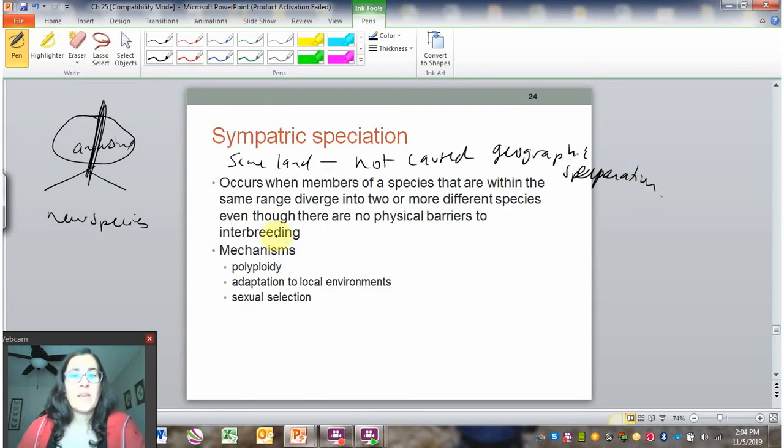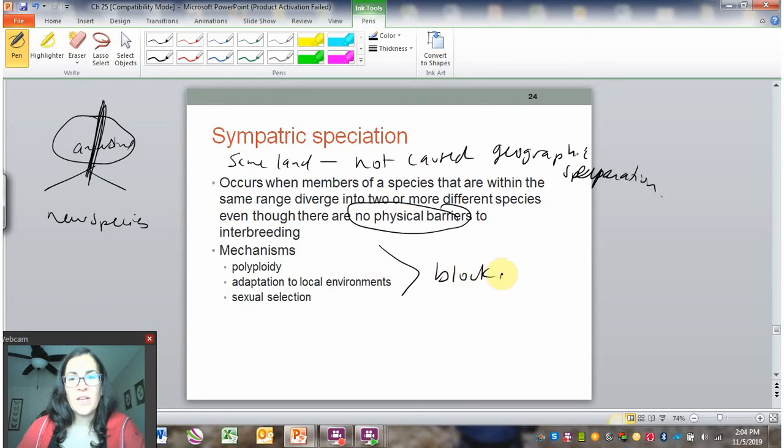So it will lead species to diverge even though there are no physical barriers to interbreeding. So we don't have a mountain range, we don't have an isthmus, we don't have them separated by islands. Something else is going to have to cause a block in gene flow.